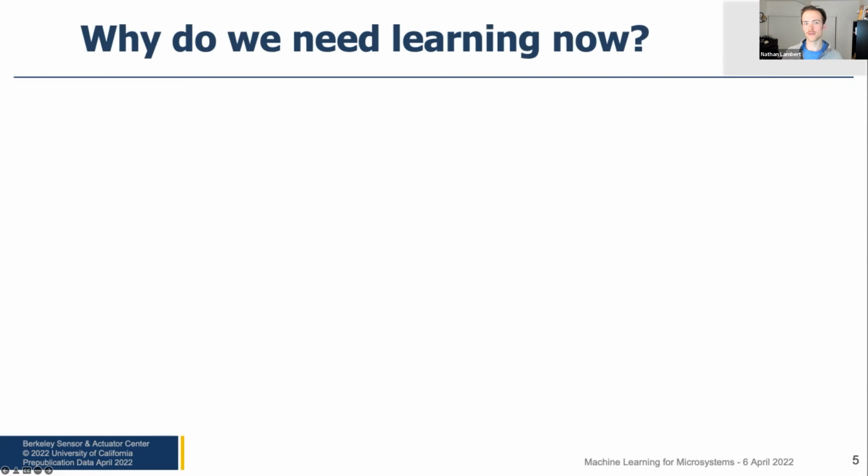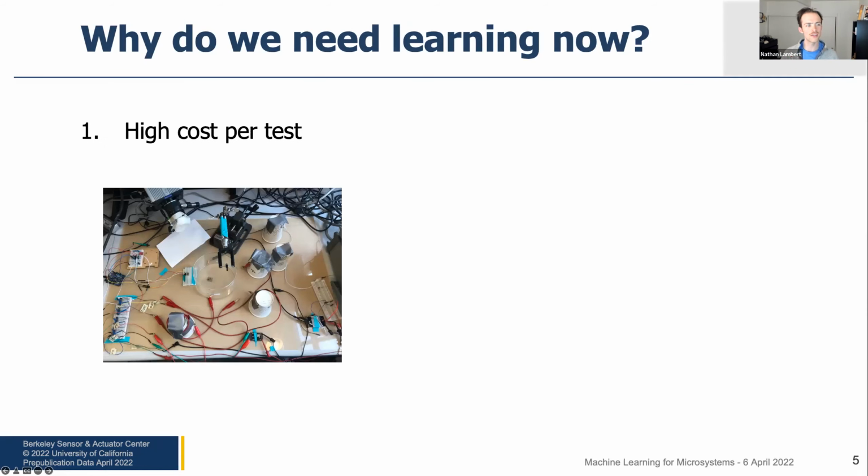So why do we need learning? If you were to come into one of our labs, as many of you have, what you'll see is something like this. And this type of setup, when you see it, translates into a high cost per test environment. This is not only because grad student hours are expensive, but because we want to see progress in these technologies. If your experiments are not precisely motivated to get a specific outcome, that is a huge cost and time in development of the technology.